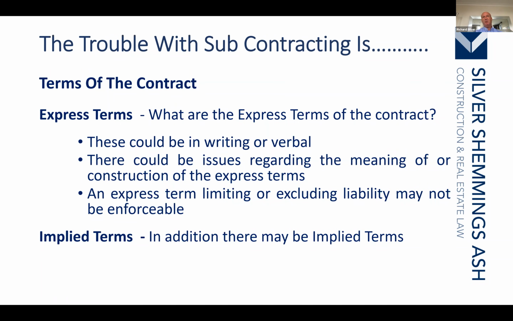If the contract says, don't worry about building regulations, there'll be an implied term that I still have to comply with building regulations. So there will be no end of implied terms from statute. Other statutory provisions that are likely to apply are the Unfair Contract Terms Act, the Supply of Goods and Services Act, and there are many, many more.